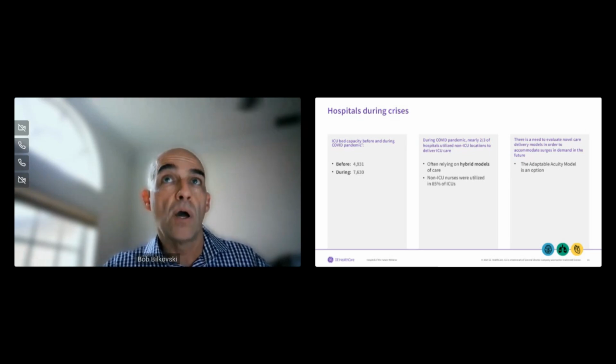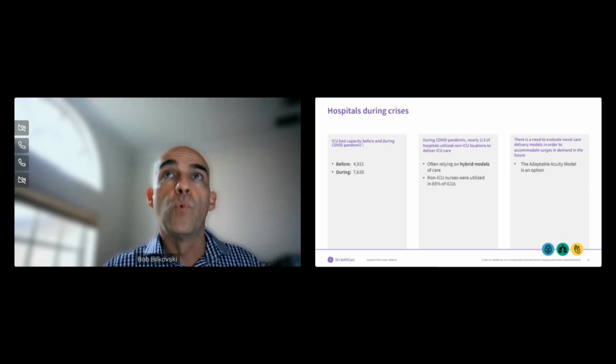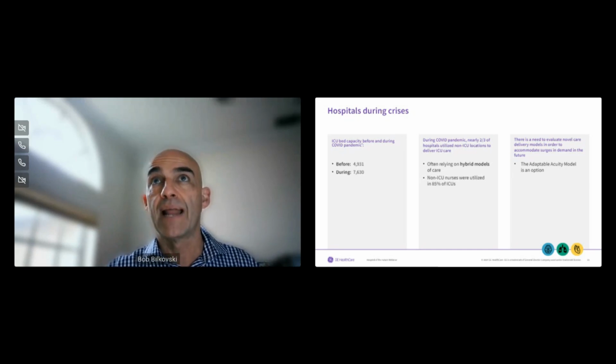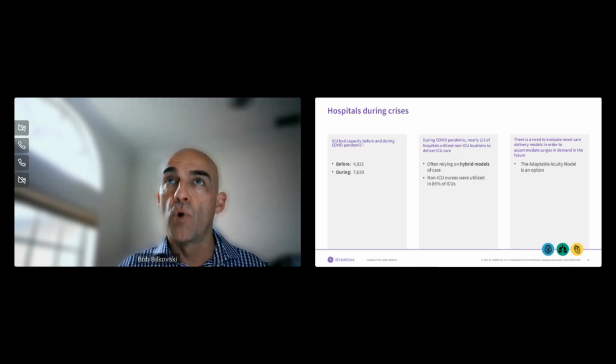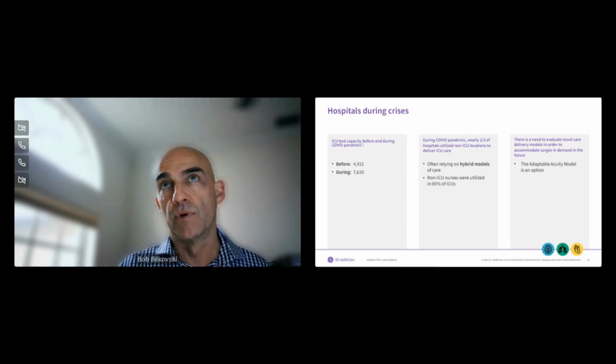So hybrid models, quote unquote, had to be implemented out of necessity, which raises the question and the entree for the conversation of other models of care delivery, one of which is adaptable acuity.